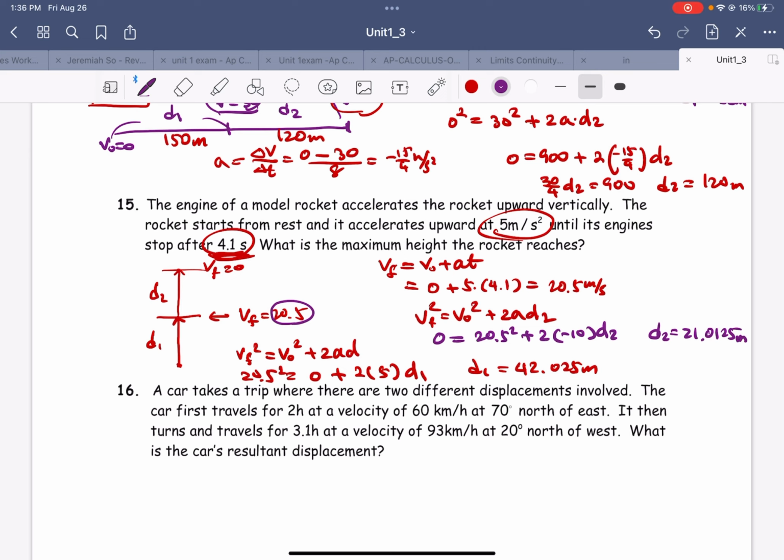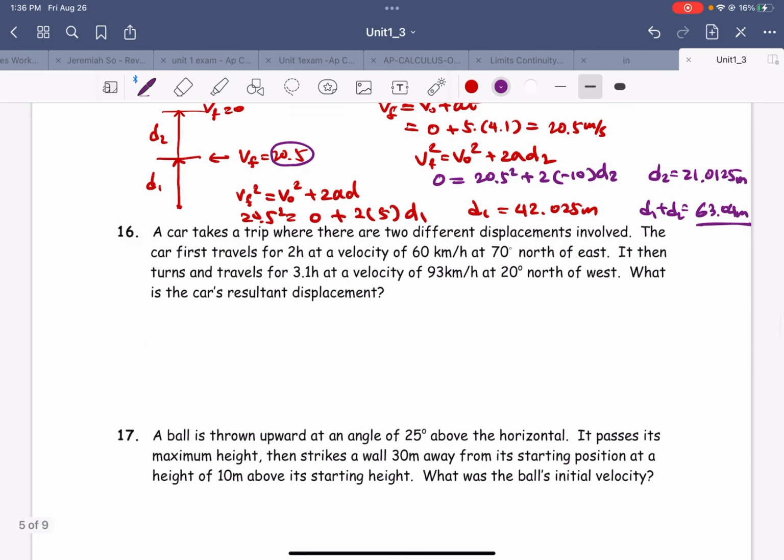So what is the total distance? You add up D1 plus D2, 42 plus 21, so I got 63.04. Okay, that's the total distance traveled until it reaches the maximum height.